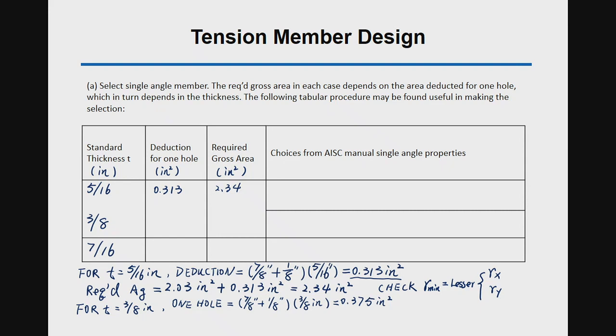Okay, and the required Ag is also equal to 2.03 square inches, plus we just calculated 0.375 square inches, equals almost 2.40 square inches, right? So we fill that out.